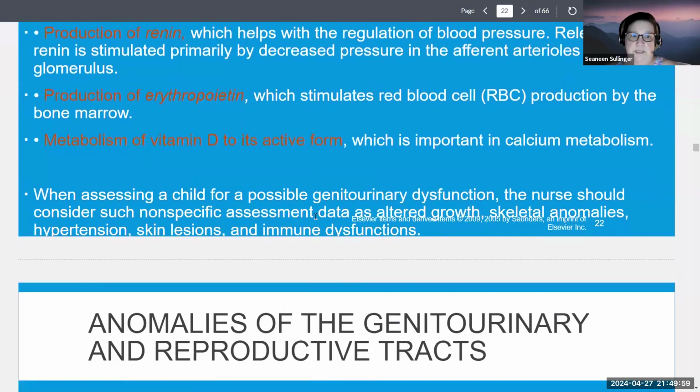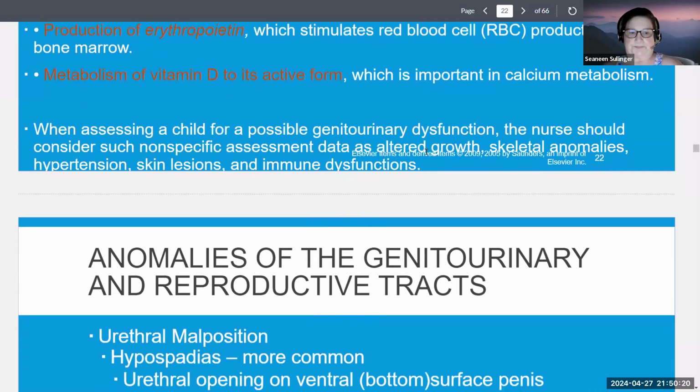And one of the things that you can look at is altered growth in children when you're looking for possible kidney dysfunction, genitourinary dysfunction. So that's one of the reasons we covered the dwarfism and the acromegaly, the alterations with the growth hormone, different skeletal anomalies, immune dysfunctions.